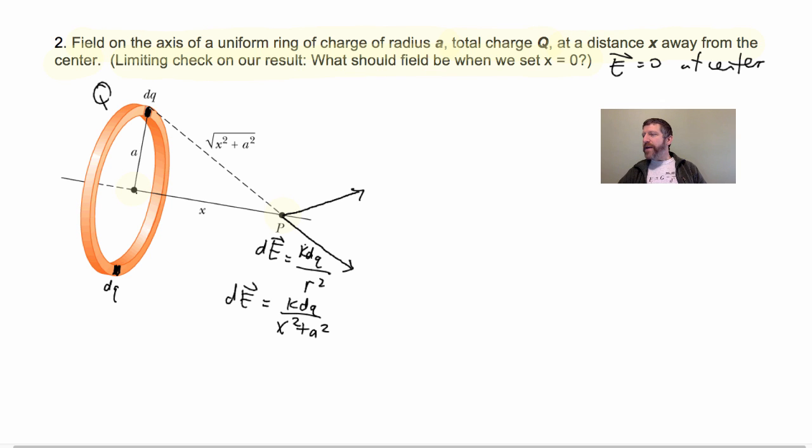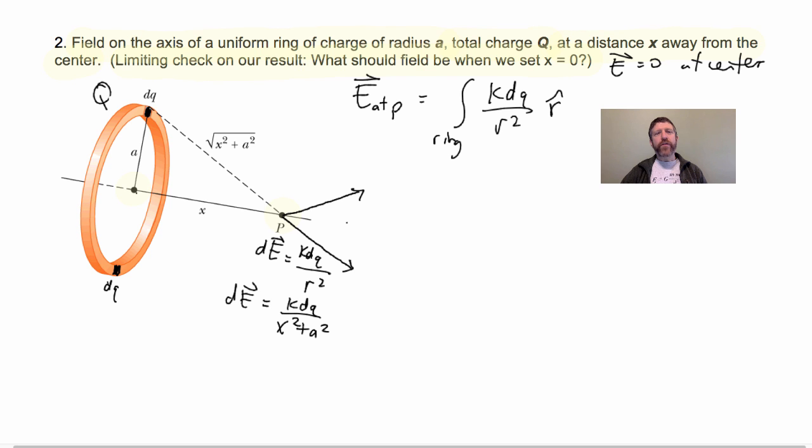So when I integrate, E at point P is equal to the integral of k dq over r squared. I'm going to integrate over the whole ring, adding up all the fields due to every dq on the whole ring, but I'm going to have to include somehow this r hat. There's a vector aspect to this that I have to account for.